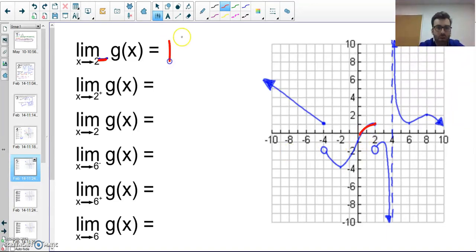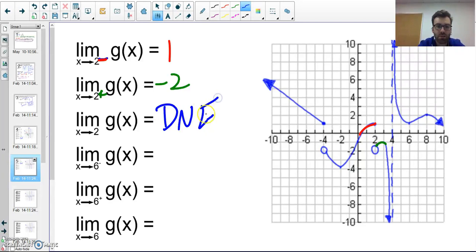Boom, I hit 1. As it approaches positive 2 from the right, I'm coming at positive 2 from the right. Oh my goodness, I hit negative 2. Well, what does that mean? That means it does not exist. These aren't the same. Does not exist. Wow. Sorry, I'm just getting emotional.